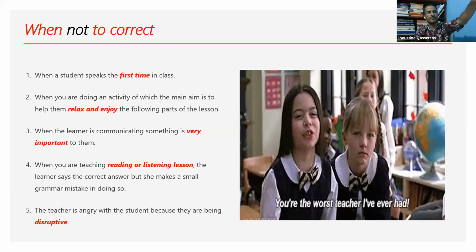If some students are nice, you don't correct. You implement the techniques. You delay immediately, or you don't correct. But if the troublemaker is talking, you get angry and you start correcting. It's the situation. You see my point? Is it clear? I hope so.